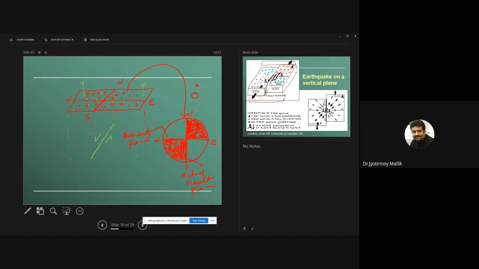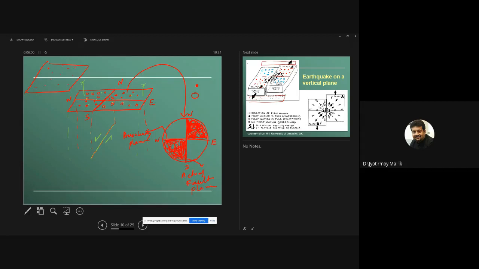So now, what I essentially want to say is that I have not seen this fault. I don't have any way to actually visualize this fault. What I am observing is only the ground surface, and on the ground surface, I have these seismometers at different distances.